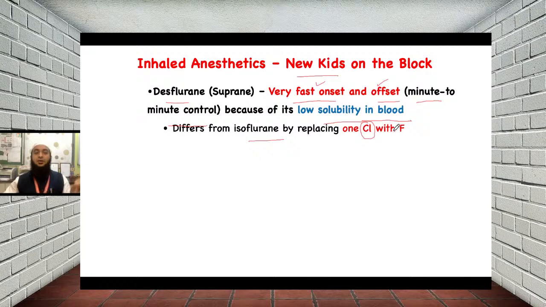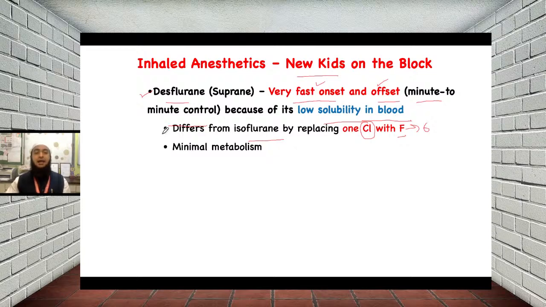Now when you replace that single chlorine, the total number of fluorine atoms is 6, and no chlorine is present in the drug. If that is the case, then that drug is called desflurane. So it is the molecule with no chlorine, because you have replaced the single chlorine which was present in isoflurane with fluorine. So now the total number of fluorine atoms in desflurane is 6. The number increases from 5 to 6. So that is the structural difference between isoflurane and desflurane.